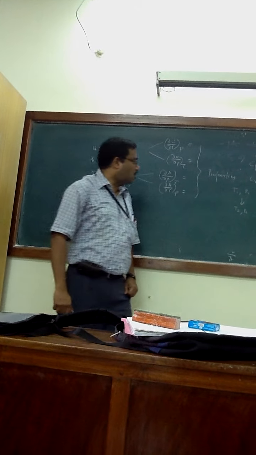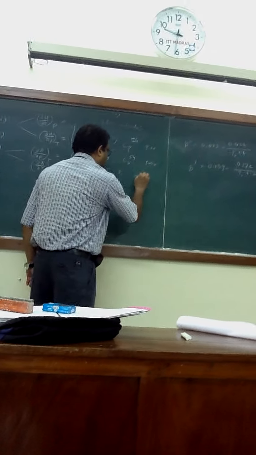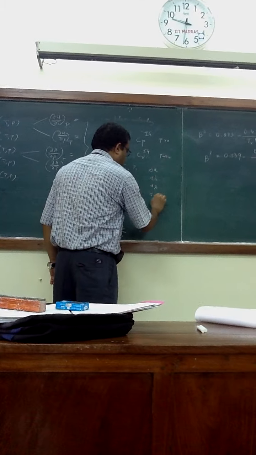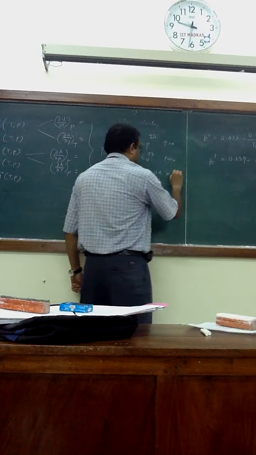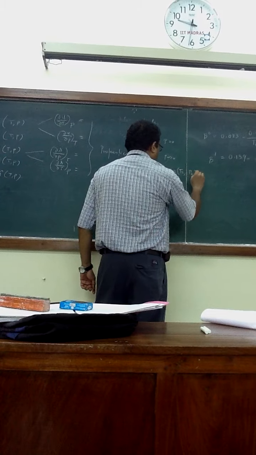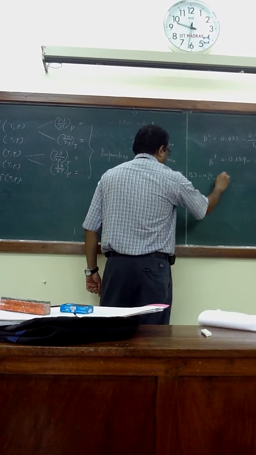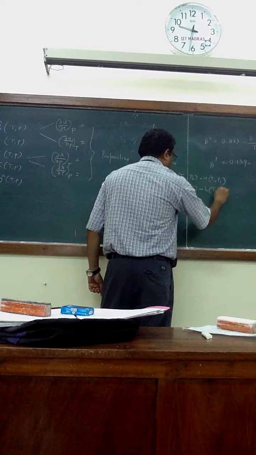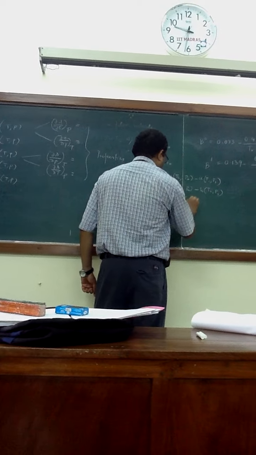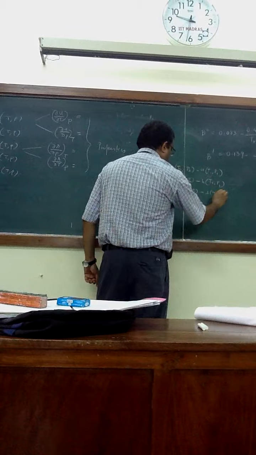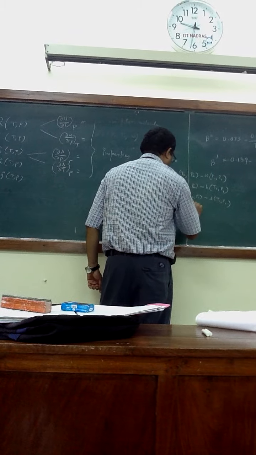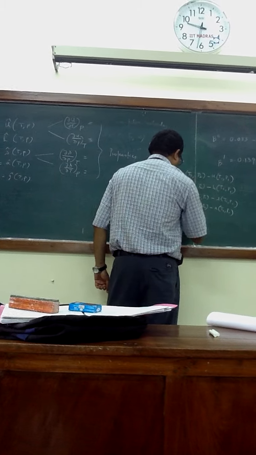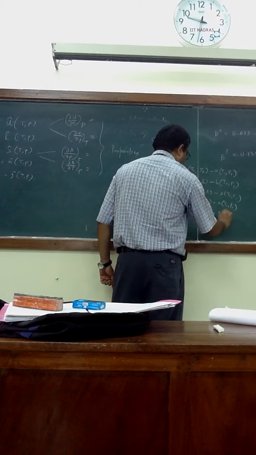Okay. So quite often we have to calculate delta U, delta H, delta S, delta A, delta G, and what are they? Which is U(T2, P2) minus U(T1, P1), H(T2, P2) minus H(T1, P1), S(T2, P2) minus S(T1, P1), A(T2, P2) minus A(T1, P1), and G(T2, P2) minus G(T1, P1).